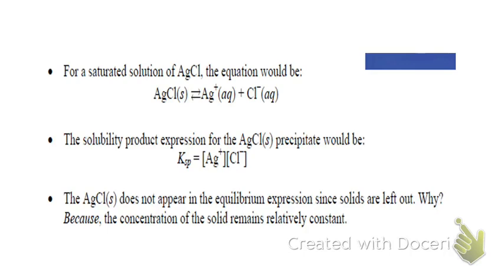So it does make the math a lot easier, and because we're dealing with very low concentrations, we're going to be doing something else when we have to minus or plus an x that is also going to make the math a little bit easier, so we're going to get to that in a minute. But just remember that Ksp shouldn't have anything on the bottom. It's just going to be the two ions.